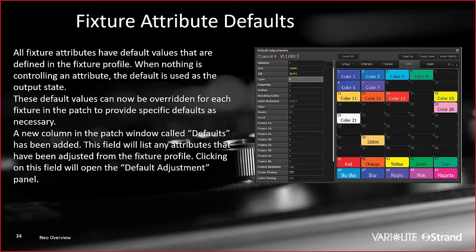So let's say you have a bunch of PL profiles or PL Fresnels, and those are an RGBW fixture. When you turn that on, by default, it's going to give you all color emitters at their maximum outputs. So red, green, blue, and white are all at full. That doesn't always give you the most attractive color for skin tones.